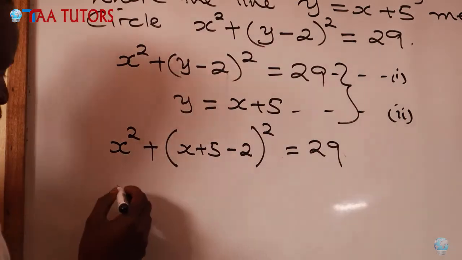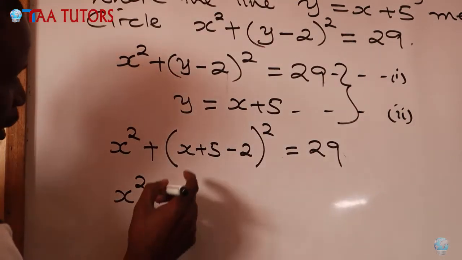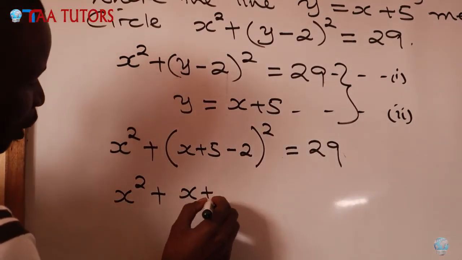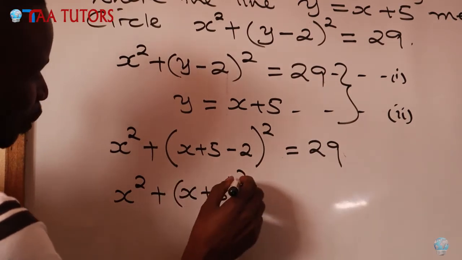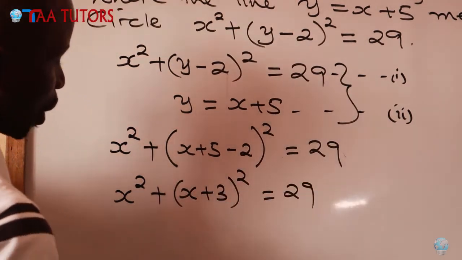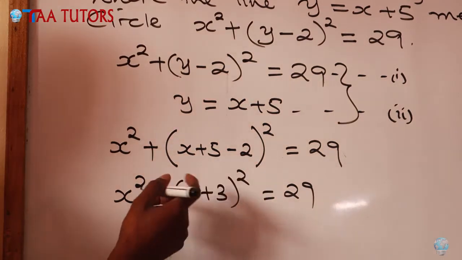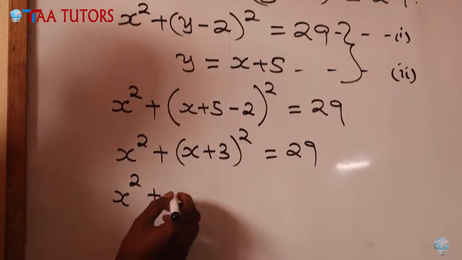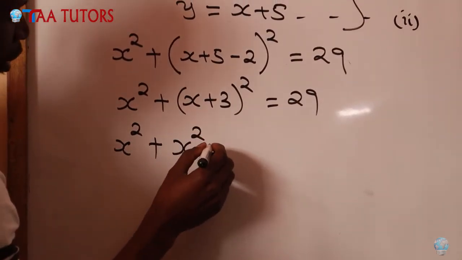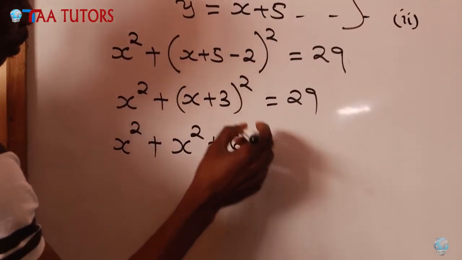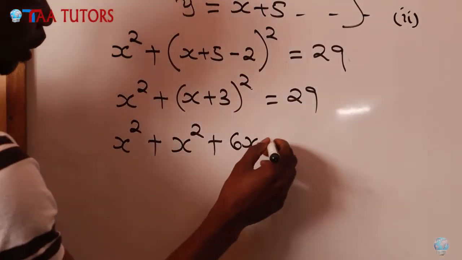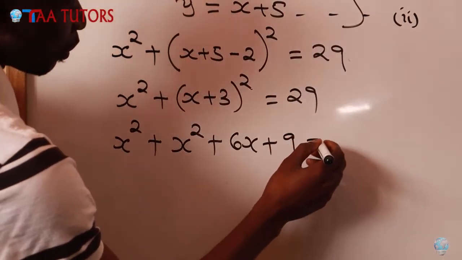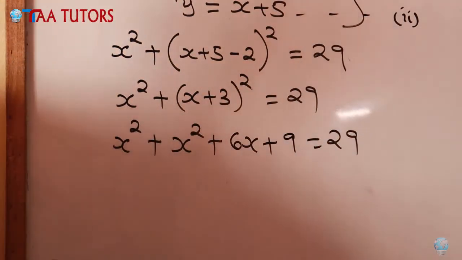In this case, if I do that, we'll get x squared plus, this is x plus 3. X plus 3 squared will give me 29. Now, if we open this bracket, you can use the quadratic identity. So this will be x squared plus 6x, because it's 2 times x times 3, then plus 3 squared is 9, equals 29.